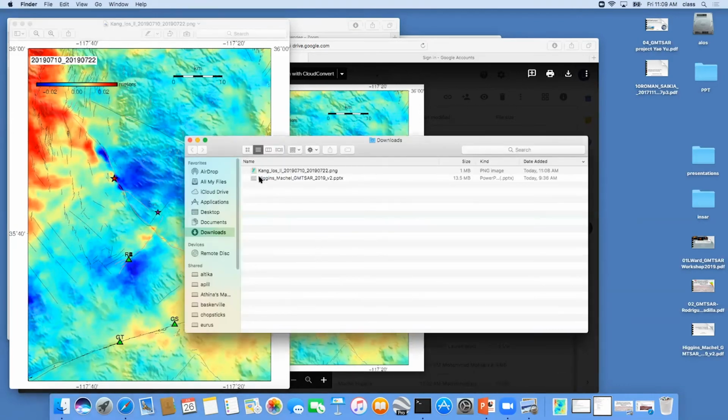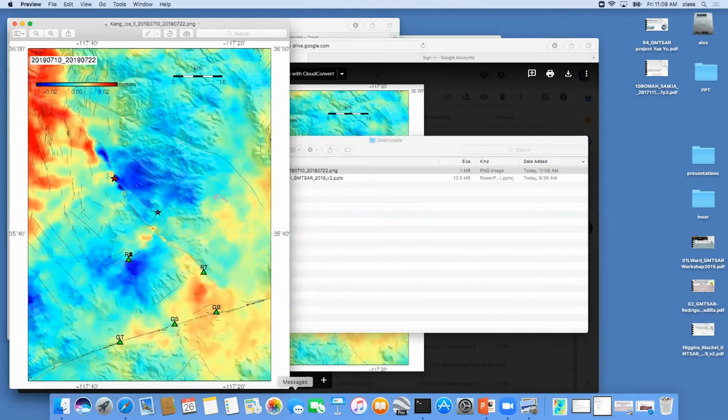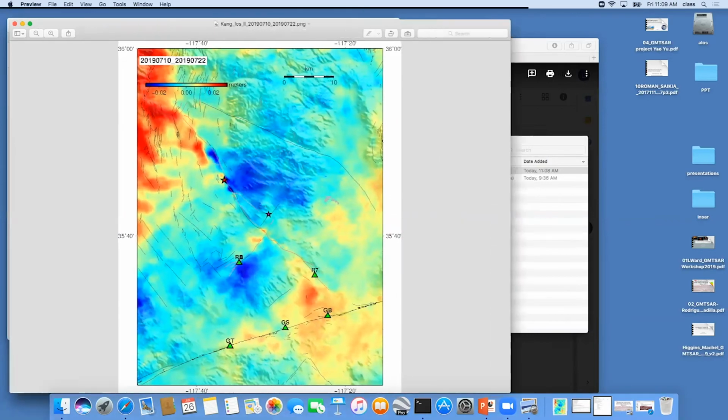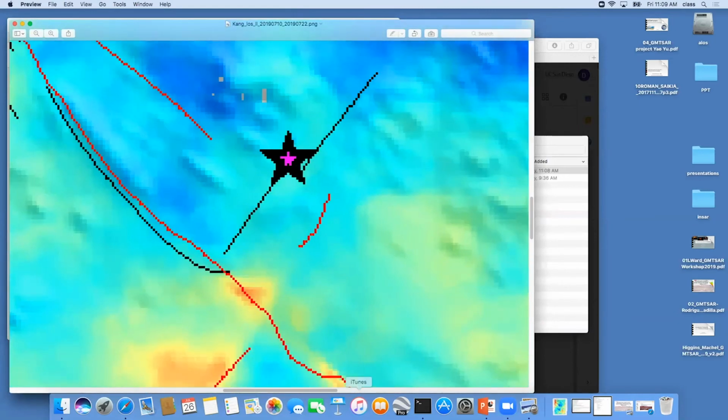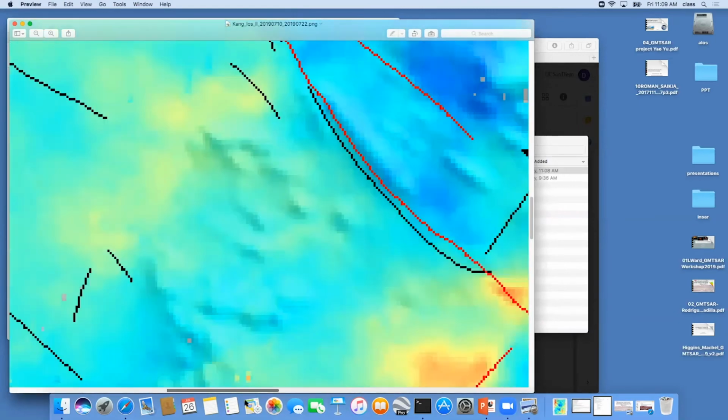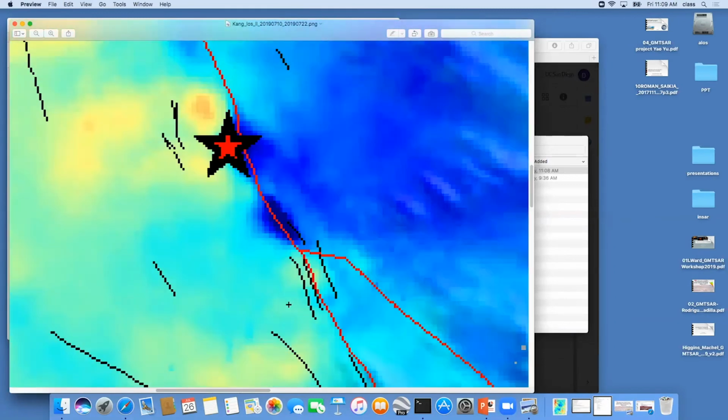It's not much bigger, but I can make it bigger, I guess. So he put the fault on here so you could sort of see where that is. You had seen this subsidence here, and there's one right on the fault. So it's going down right on the fault. Sort of interesting. So triangles are GPS.